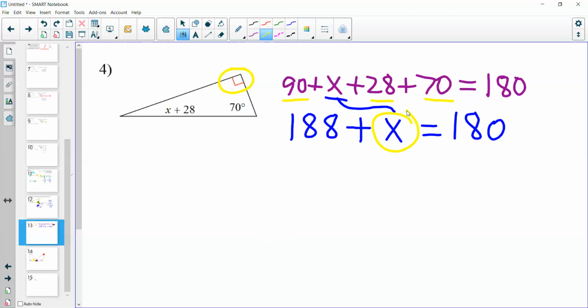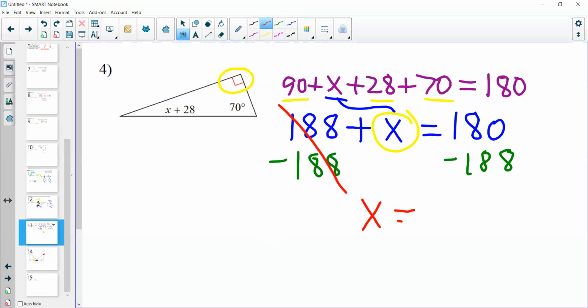I want to keep my x term, my variable term, where it is. So I subtract 188 from both sides of the equation. This cancels out. I'm left with x equals negative 8.